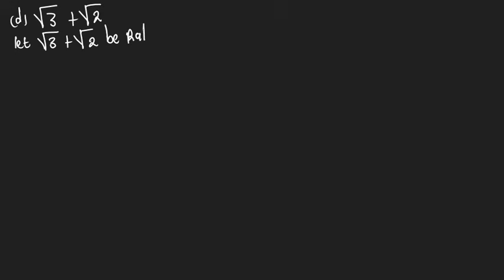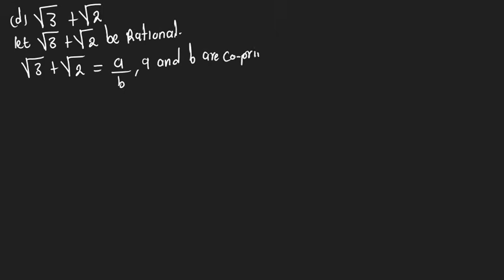So we have contradicted. If this is true, then it implies that the root of 3 plus root of 2 is going to equal to a over b, where a and b are co-primes and that b must not equal 0.